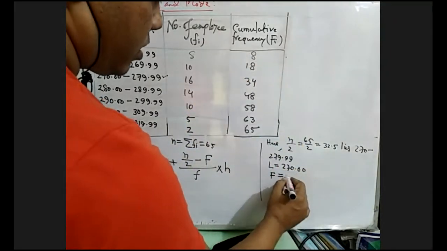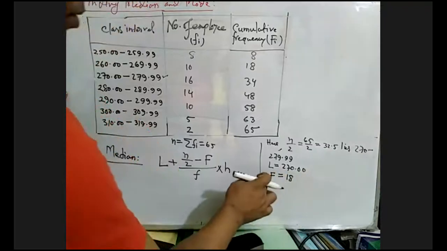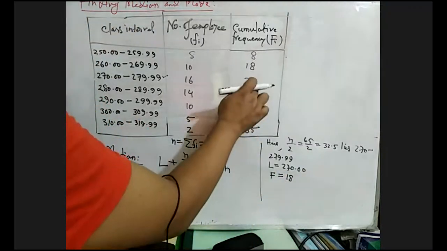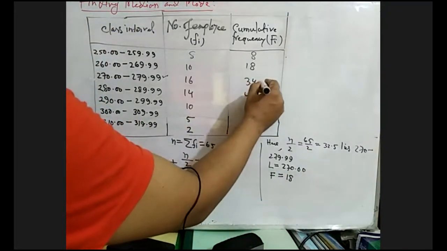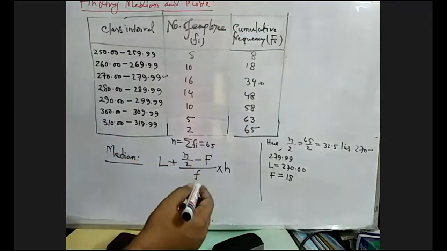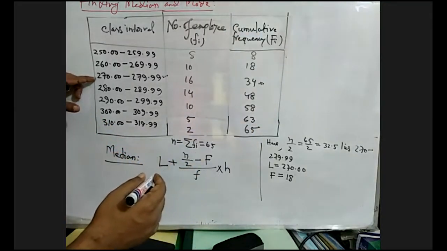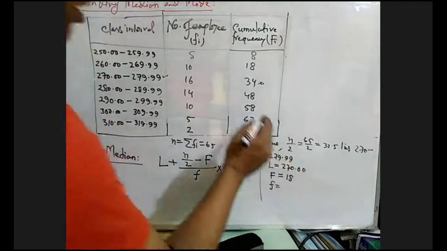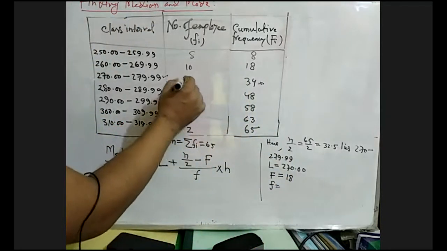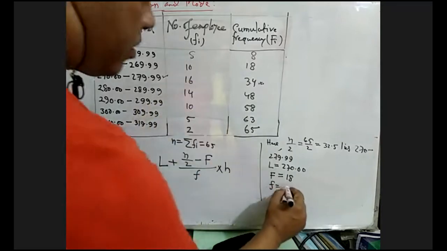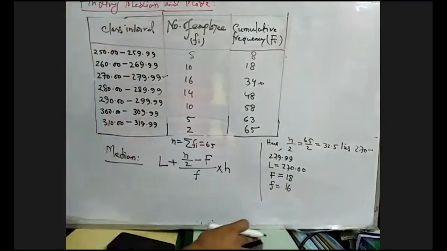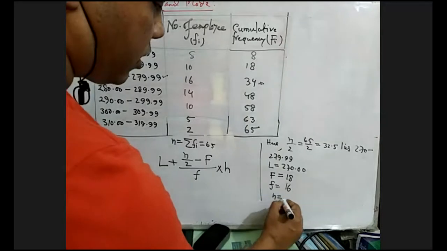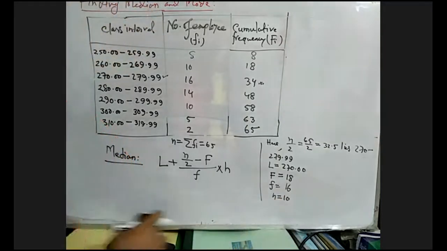Capital F will be 18, the cumulative frequency of the previous median class. Since the third class is the median class, small f will be the frequency of the median class, 16. So h will be the length of the class interval, and this is 10.